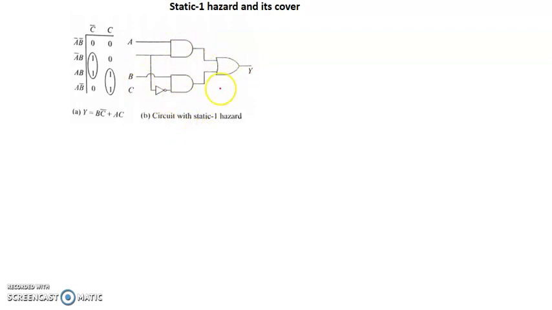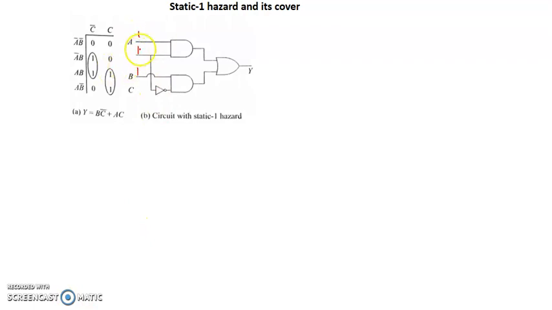Now this circuit is giving a static 1 hazard, meaning the output expected here is always 1, but for a certain period of time we are getting 0. What are we going to do about it? We'll consider A is 1 and B is 1, and C changes from 1 to 0.